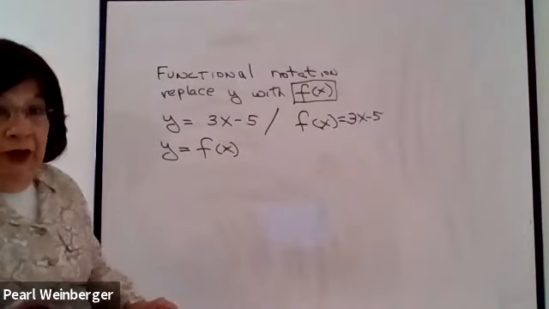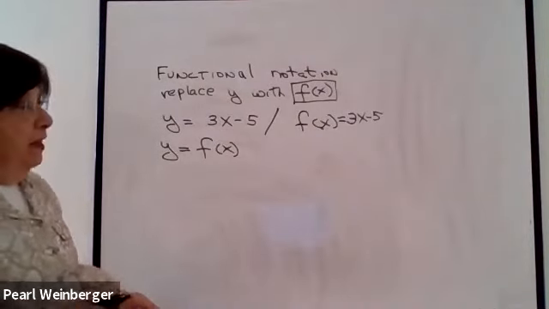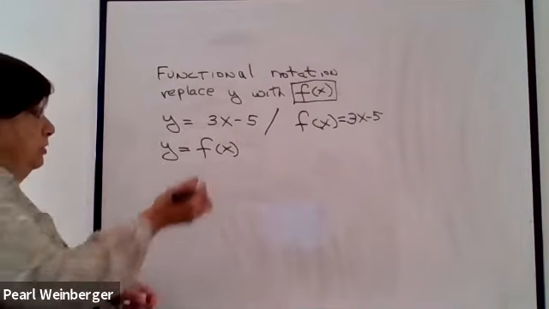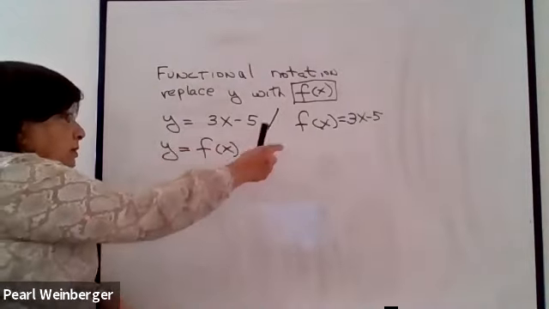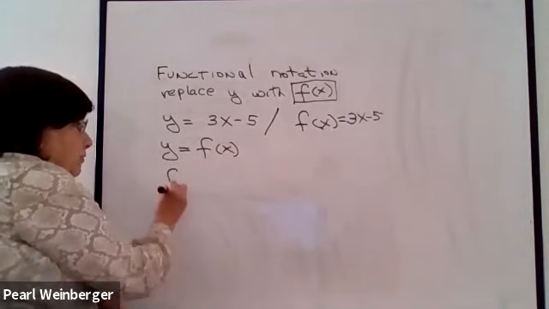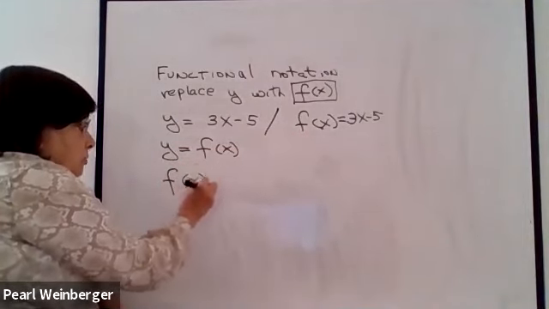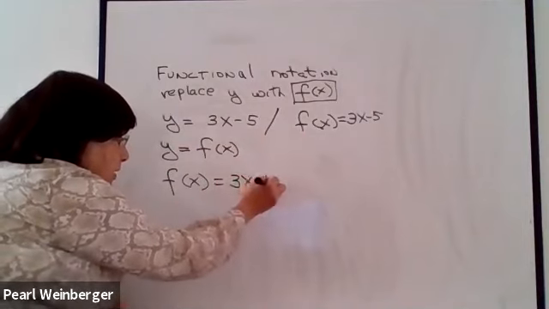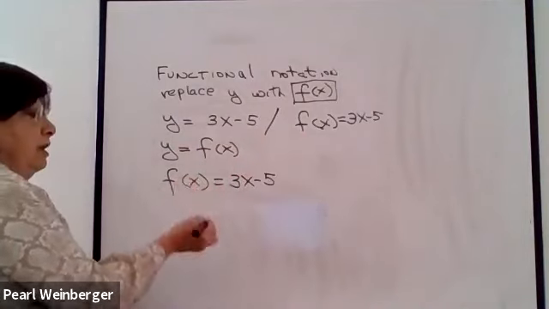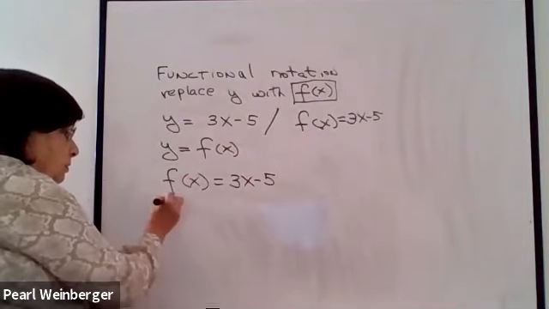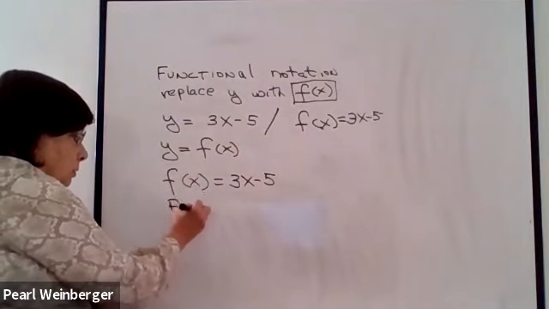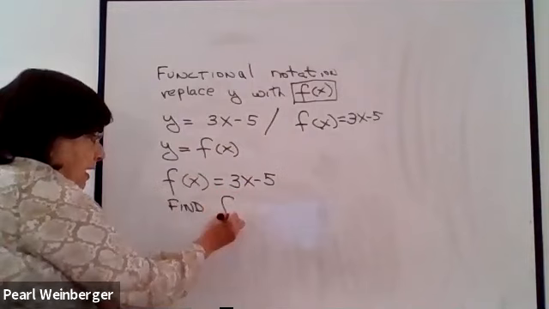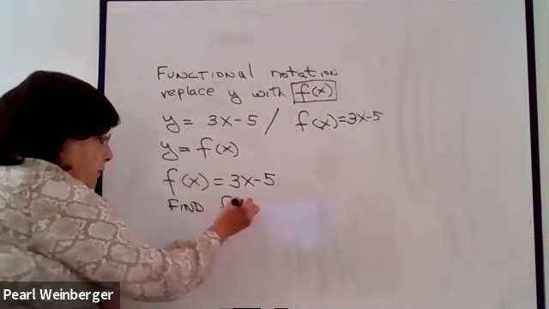There is another advantage to using the functional notation as well. Again, we're going to be calling our function f of x. So if I write f of x equals 3x minus 5, then I could say find, for example, f of 7.